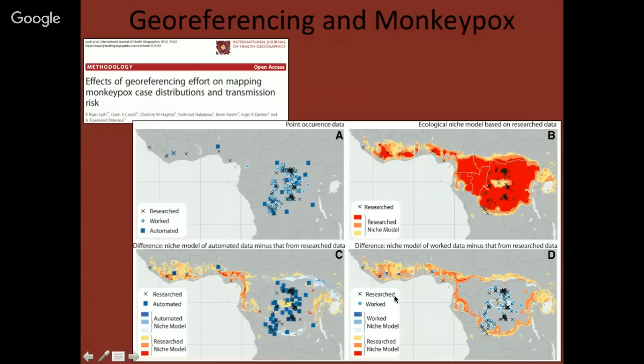And all I want you to see is that all of these yellow and orange areas are areas that were underestimated when one used the automated, the quick and dirty georeferencing. But when one took more care, when one was cleaning up the data and quality checking the data, it actually makes a big difference to the model.